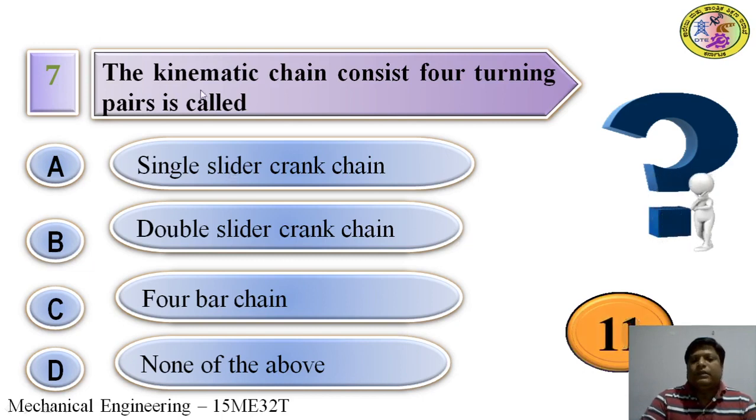Question number 7: the kinematic chain consists of 4 turning pairs. Single slider crank chain, double slider crank chain, 4-bar chain, none of the above.